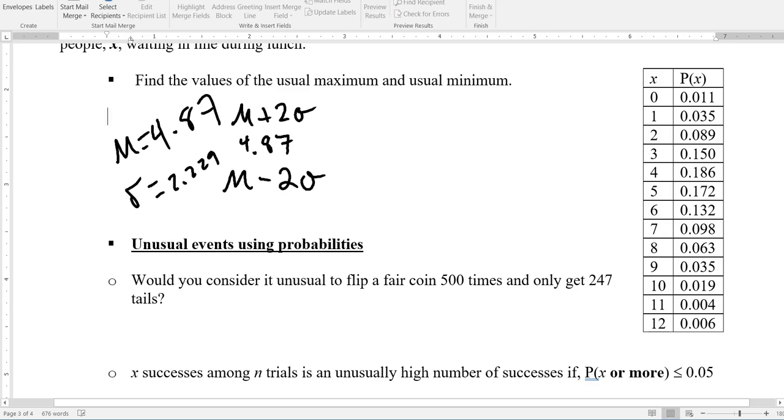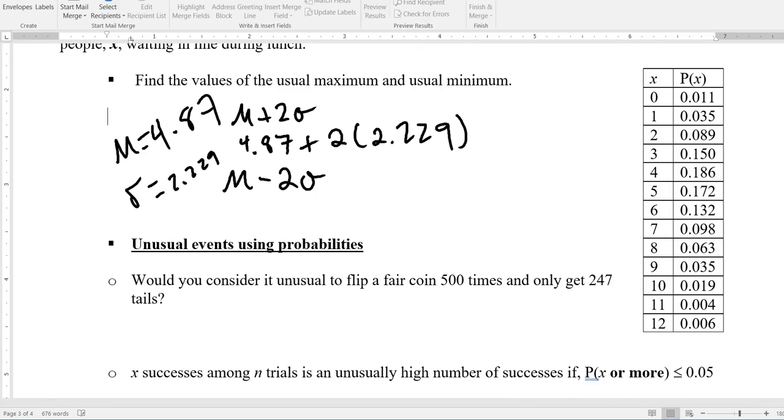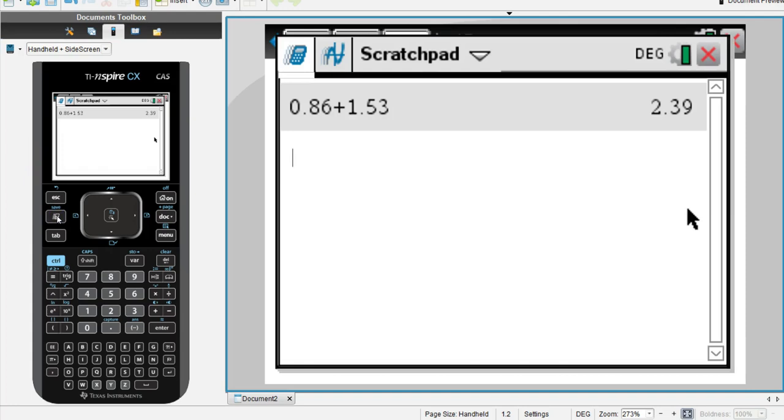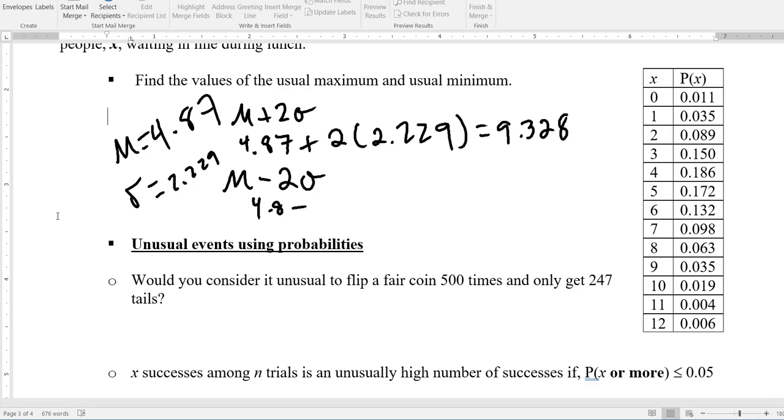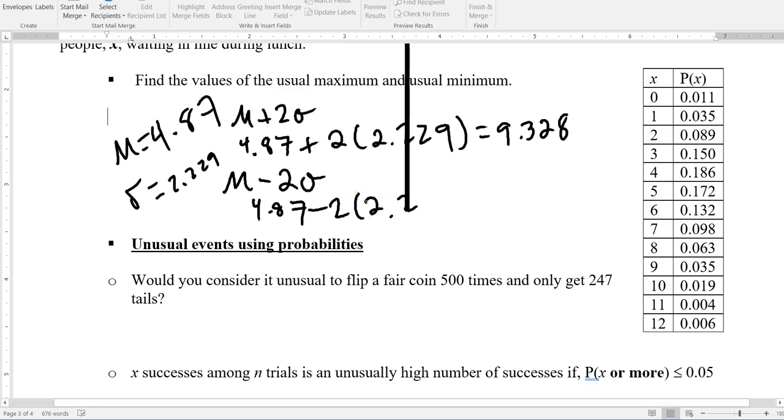So 4.87 plus 2 standard deviations would be 4.87 plus 2 times 2.229, 9.328, and the mean minus would be 4.87 minus 2 times 2.229.